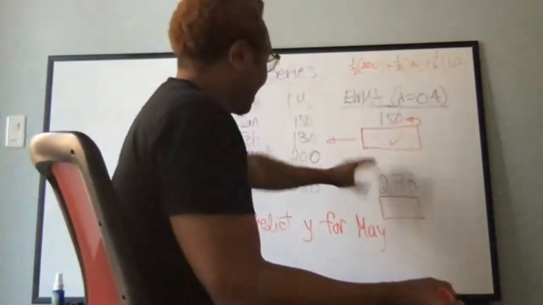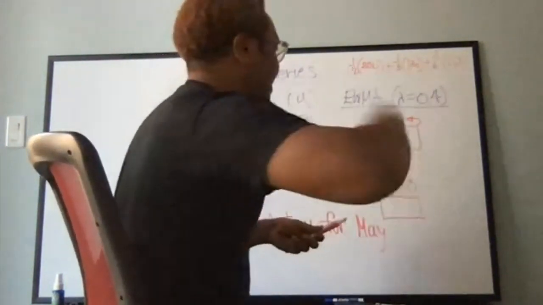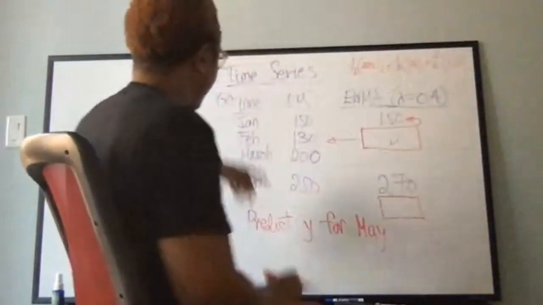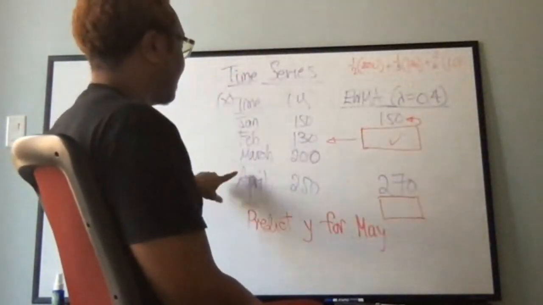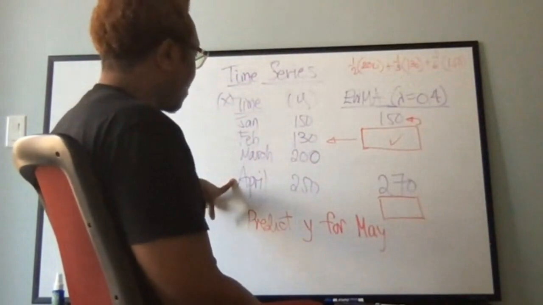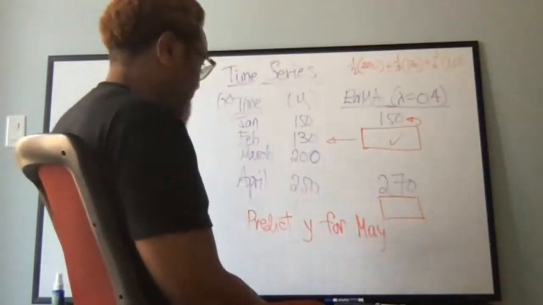So we have smoothing, and then we have predicting one time period outside of the given data. Because in this problem, the data stops at April, but I want to predict for May.